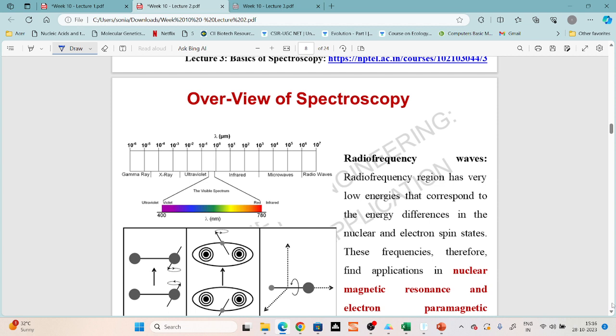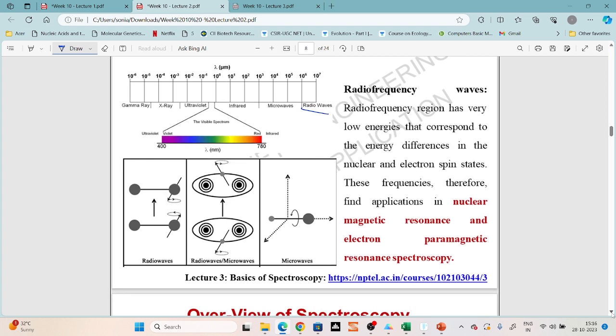Okay, so first is your radio waves. Radio waves have very low energies, and that corresponds to the energy differences in the nuclear and electron states. That means your nucleus is also spinning and your electron is also spinning. Both your nucleus and your electron are spinning. So when a nucleus spins, you can see over here, this is your nucleus.